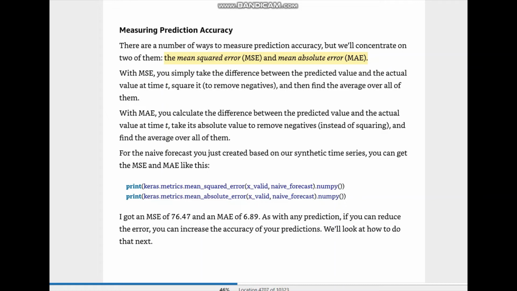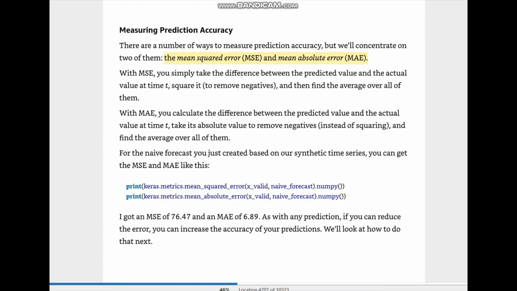And for mean absolute error, you take the predicted value minus the actual value at time t, then you take the absolute value of those to remove the negatives, instead of squaring, and then you average over them, right?